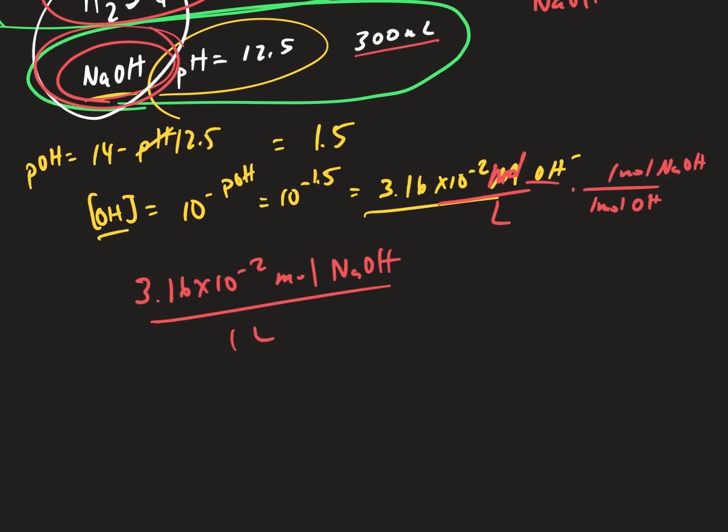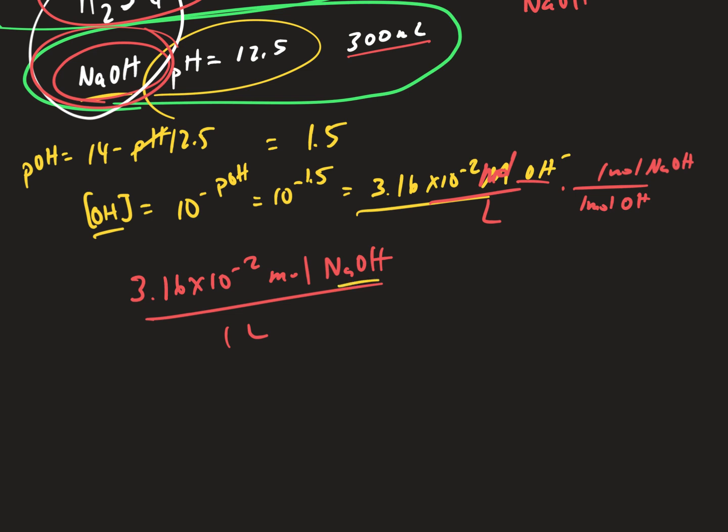Okay. So now that we have this, what do we do? Like Claire mentioned, let's multiply by the volume, right? To get rid of the liters. But we got to make sure this is in milliliters first, right? So we can do a conversion over here, milliliters to liters.